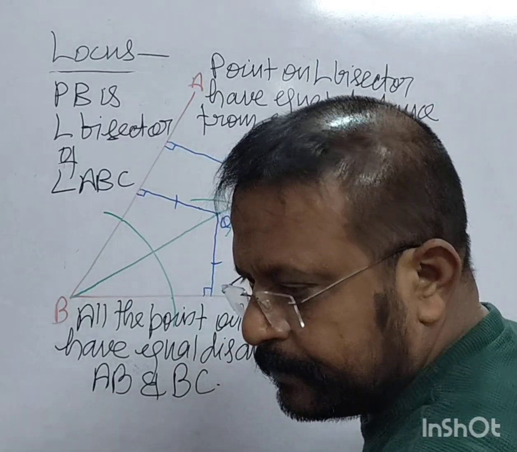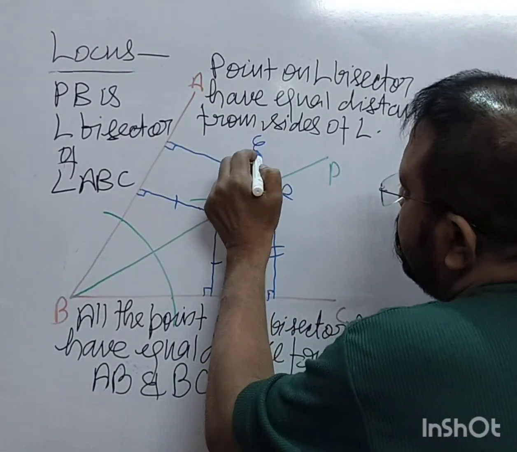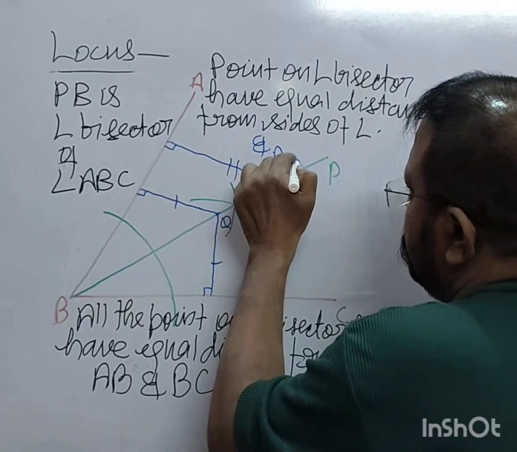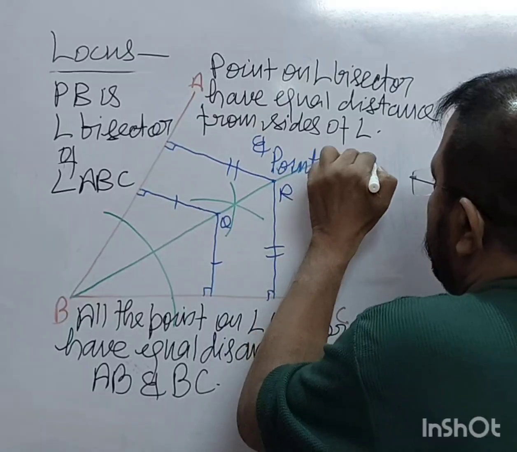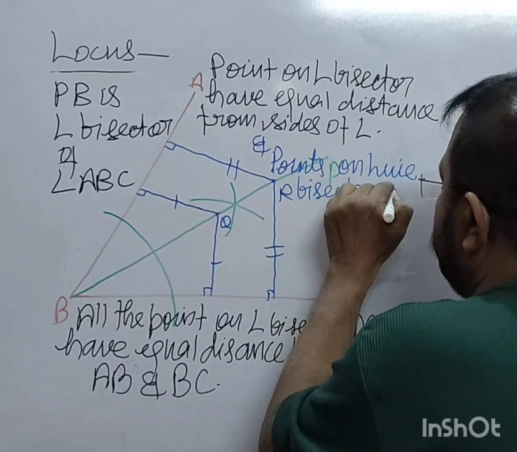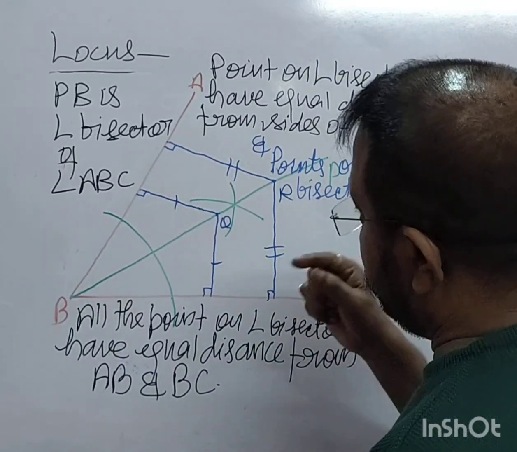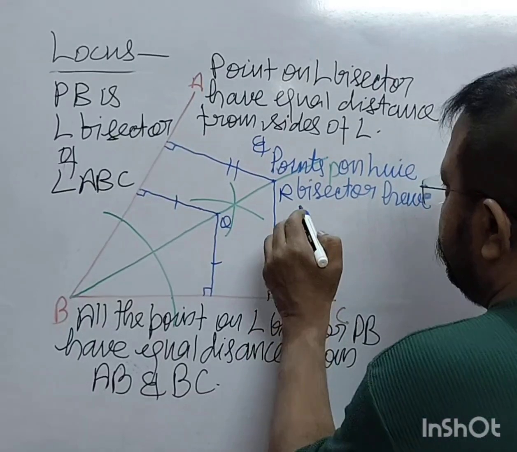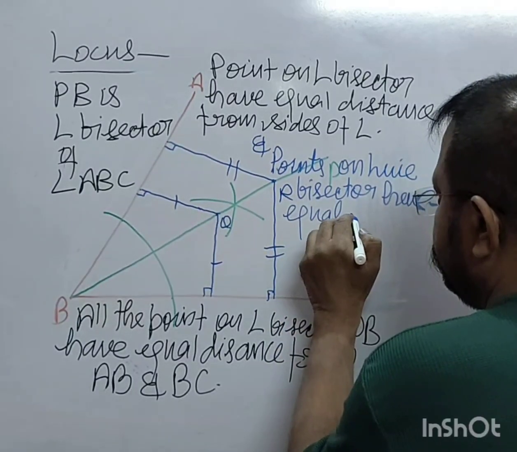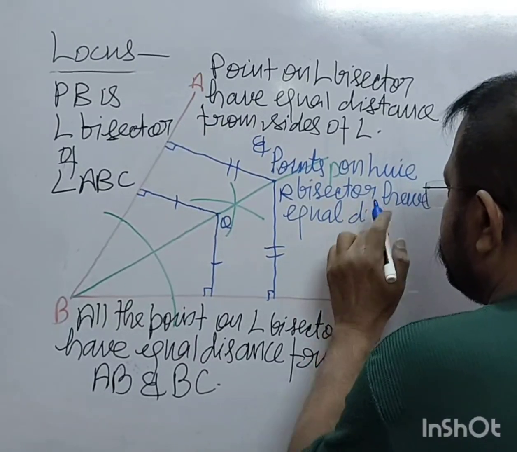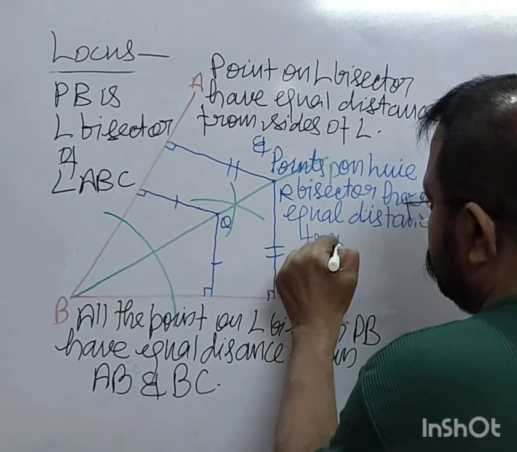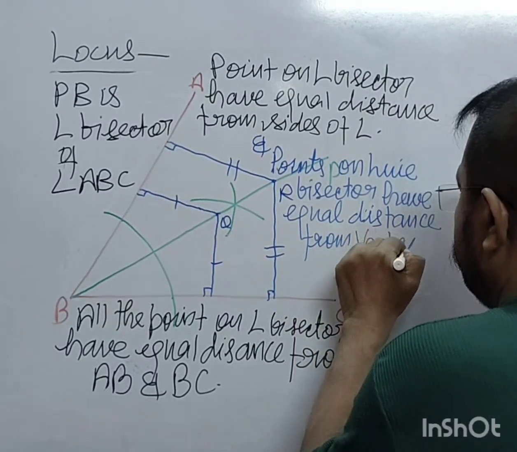And points on the line bisector have equal distance from the vertex of the line segment.